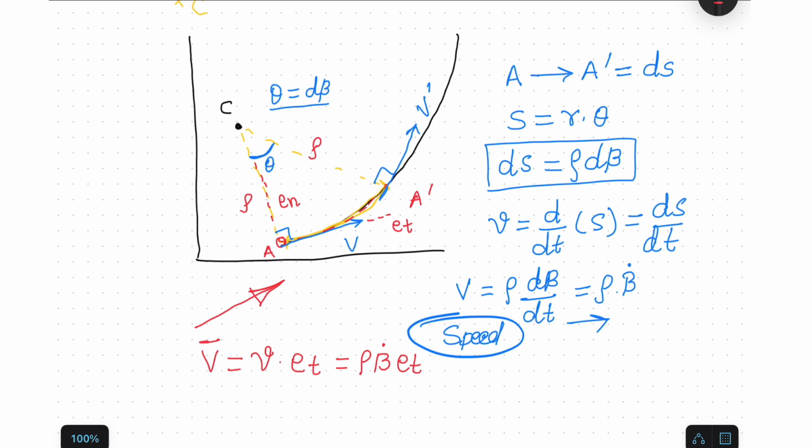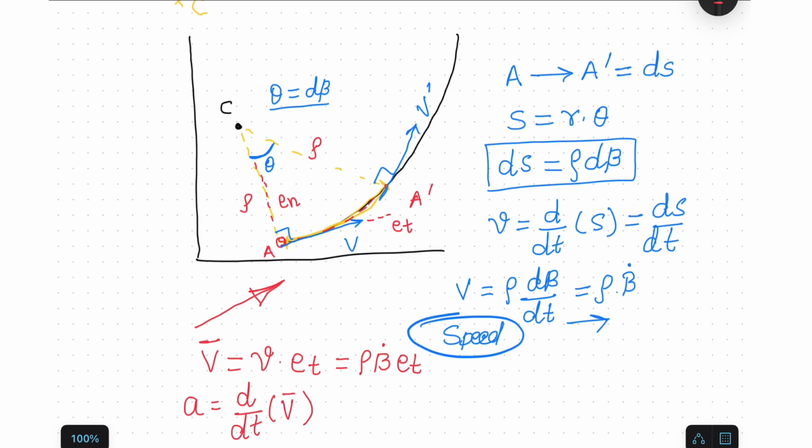Now let's move to the next level and find the time derivative of velocity so we can find acceleration. It is very easy for us. We will take one more time derivative, d/dt of what? Velocity.